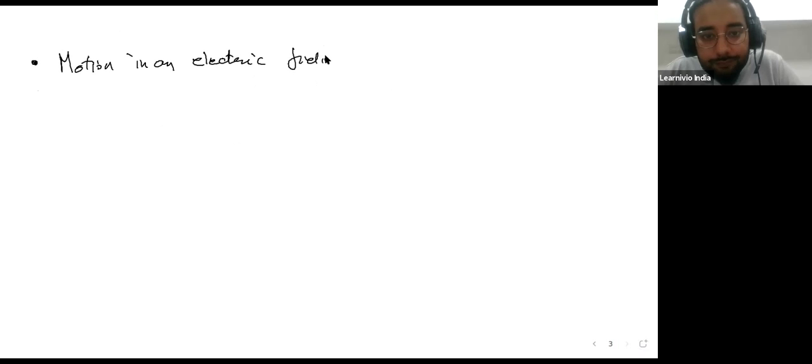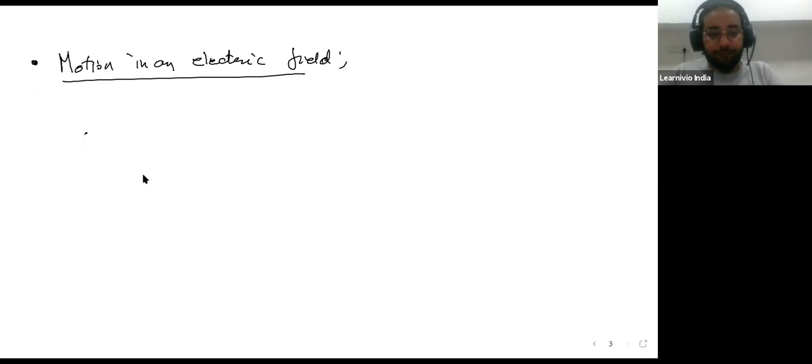Okay, now let's move on and talk about motion in an electric field. The simplest example of an electric field that one can think of, there are many functions of electric field that one can think of, but the simplest is a constant electric field.